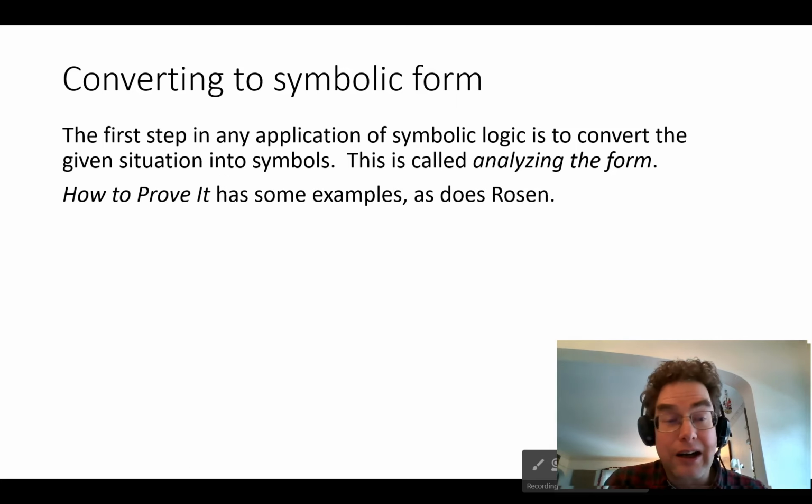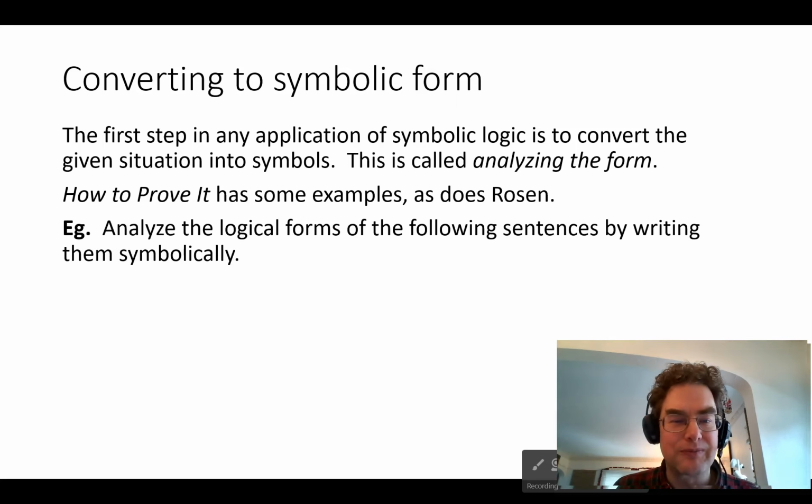Okay, now certainly our textbook has a number of examples of this. The excerpt from How to Prove It that I provided as an additional resource, that has some more examples as well. But the more the better with something like this, because of all the different aspects to it. So let's do a couple more examples on this video now.